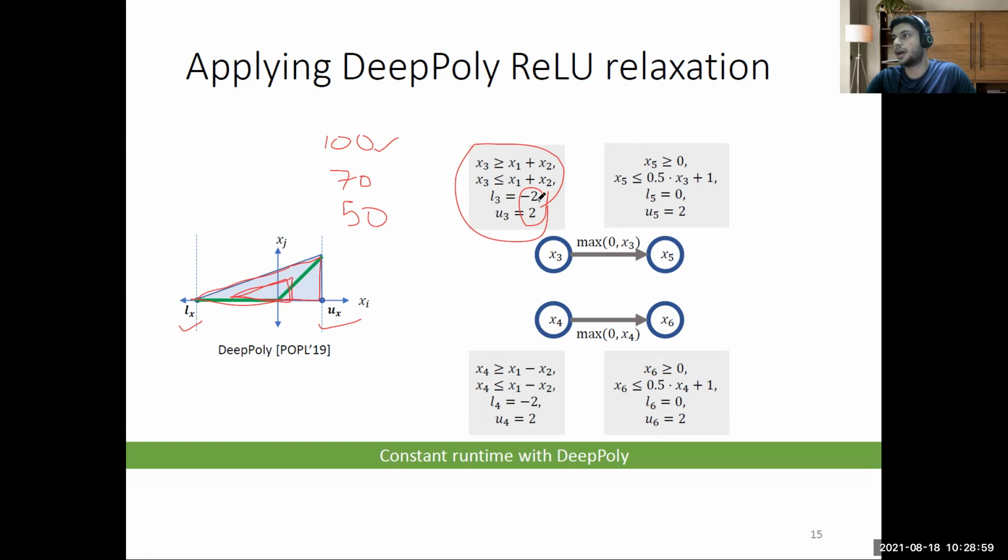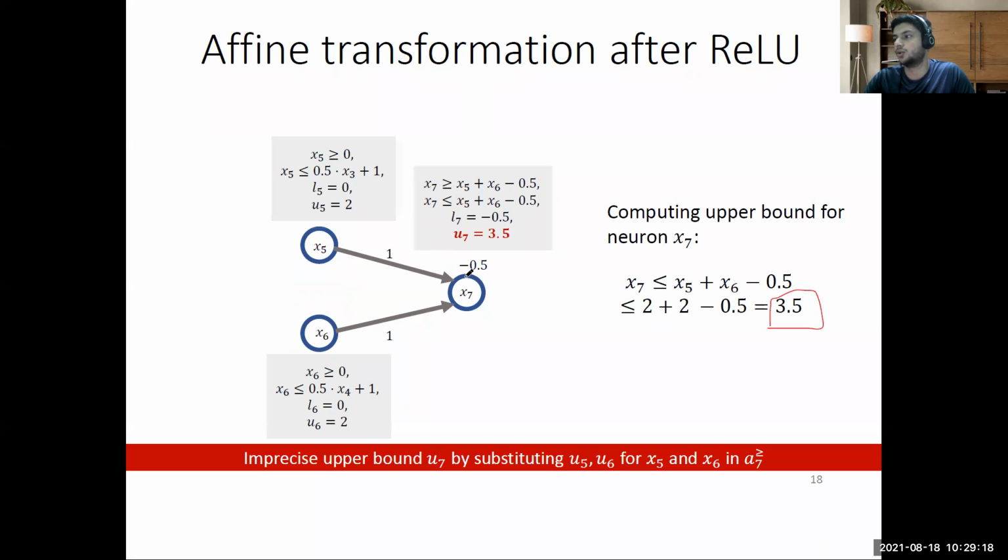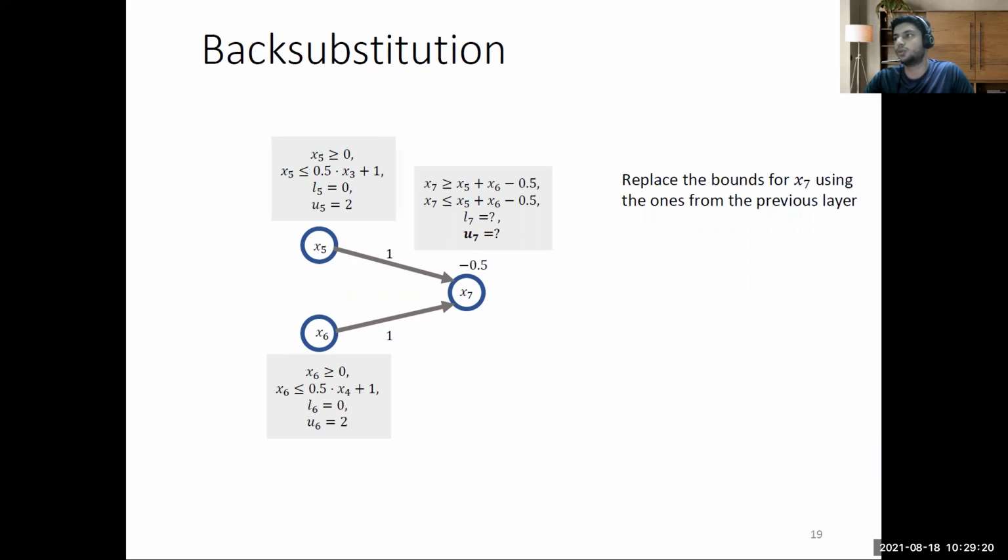Because now instead of -2 and 2, suppose through back substitution I got a new bound like -1 and 1, then I will have a much smaller area, and that will be a more precise result. So back substitution not only favors the affine transformation, but it also favors ReLU. And in general, it boosts the performance a lot.